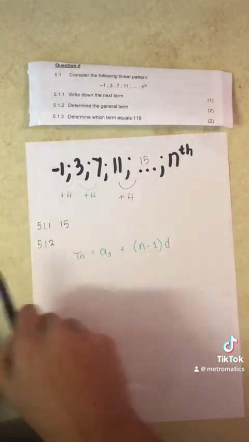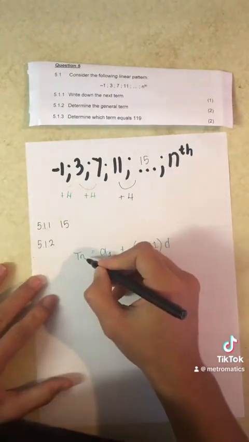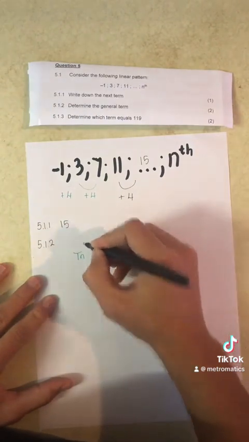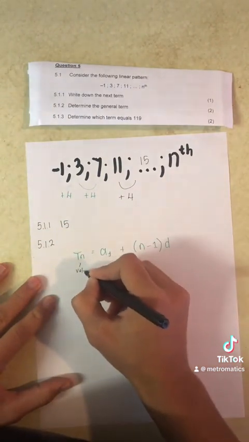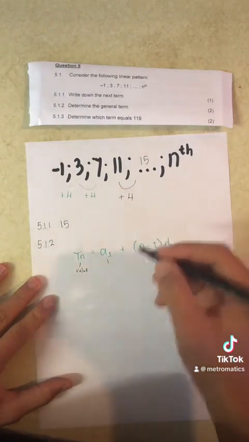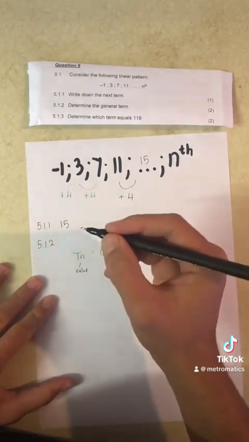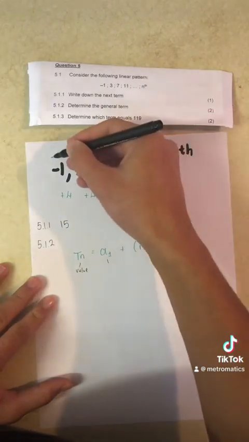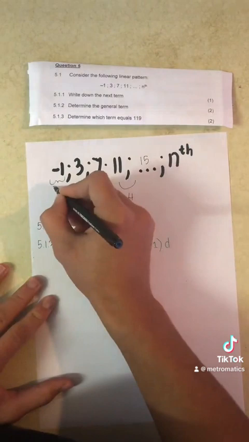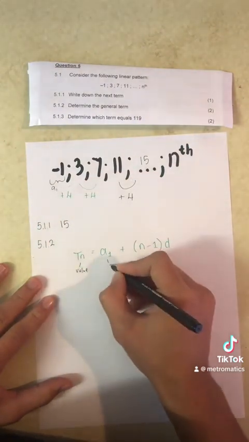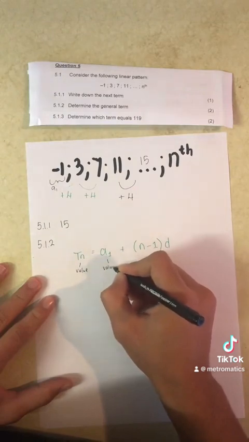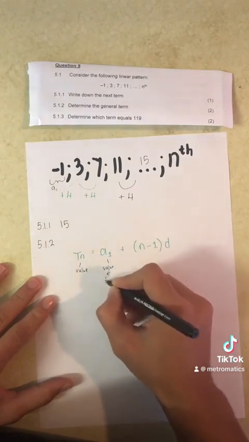Tn is the value that you will find at a specific term, so I would call this the value. A1 is the value of the first term. In this case, the value of the first term is -1.